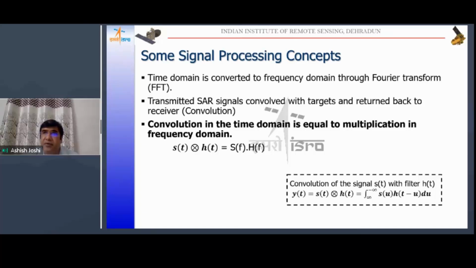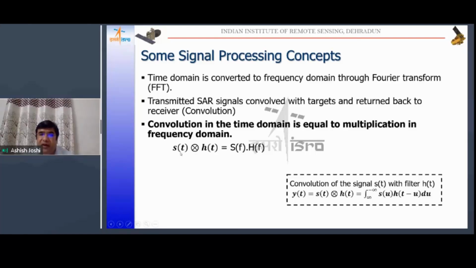So in the time domain, the formula is: convolution in the time domain is equal to multiplication in the frequency domain. If two signals, S1(t) and S2(t), are convolved in the time domain, then if we take the Fourier transform, meaning we transform to the frequency domain, we just have to multiply these two signals.